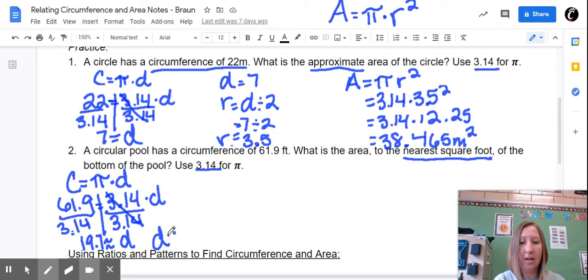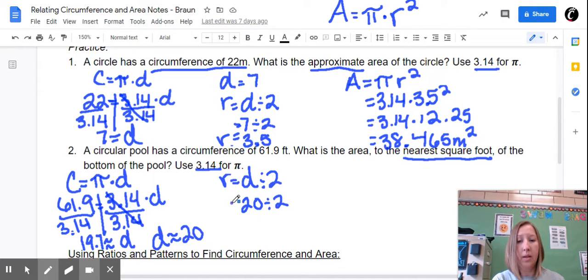So D is approximately 20. And remember, radius is diameter divided by 2. So I'm going to do 20 divided by 2, which is going to give me 10 feet. So my radius is equal to 10.